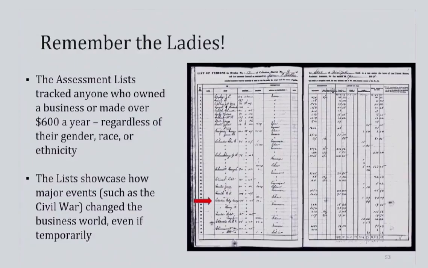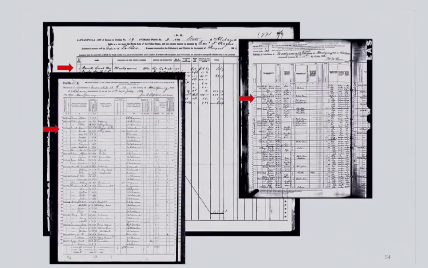Next slide, please. So, for example, on this page, we can see Mrs. Sarah Barrett in Montgomery, Alabama, as the breadwinner for her family in 1866, running a retail liquor store. The 1866 August assessment list is the image in the back of the slide. Though the lists themselves don't tell us where Mr. Barrett is, was he on his way home fighting from the war, or was he ill, or something else entirely, here is a likely candidate for the family in 1870 on the left, with Mr. David Barrett working as a baggage maker.